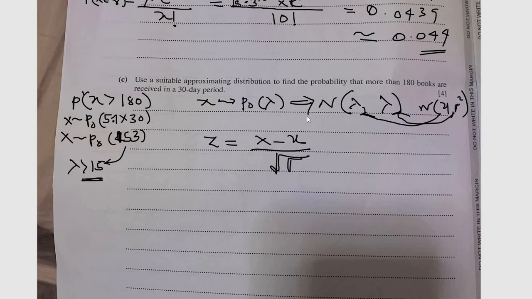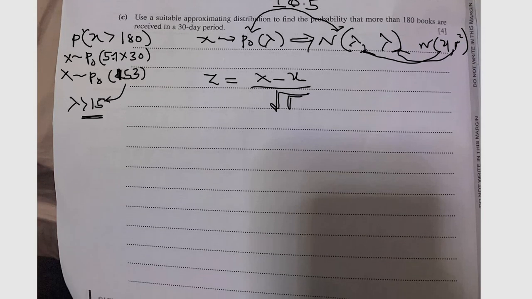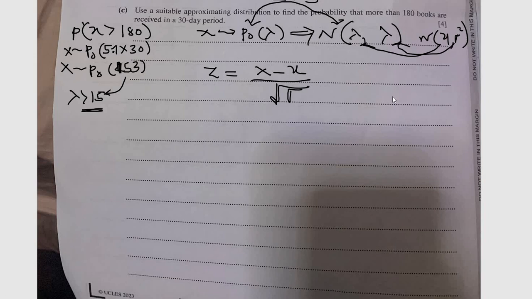Poisson is discrete, normal is continuous. When you're converting from discrete to continuous, don't forget your continuity correction of plus or minus 0.5. Let me give you the key parts. If you have greater than x, add 0.5 to x.